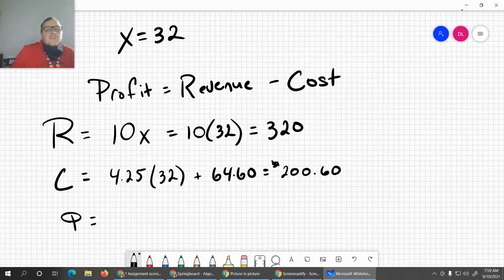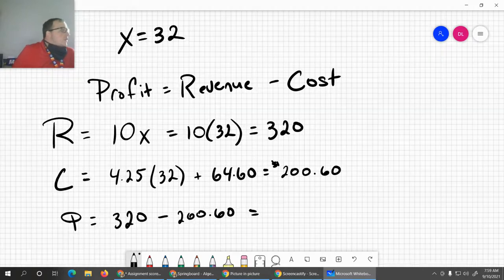All right, so now to figure out the profit, we have to take the revenue, which is 320, and subtract it by the 196.60. And what do we get? 320 minus 196.60. What do we get?